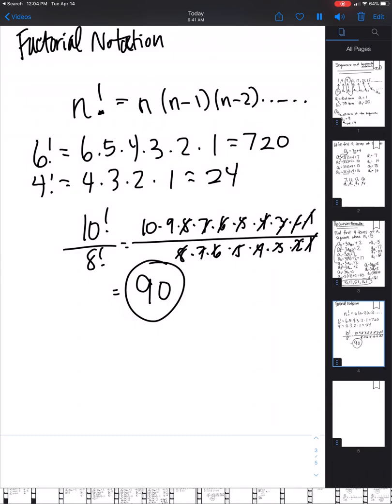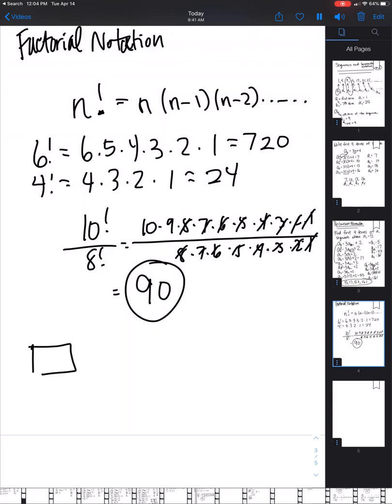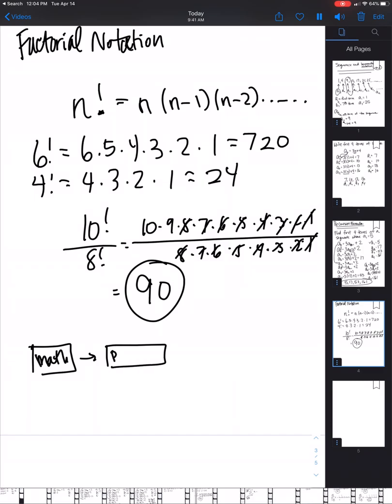Okay. Again, there is a button in your calculator. Let me get my calculator and make sure. If you go to math and scroll over to PROB, it's probability, and go down to the fourth one, that's the exclamation mark.